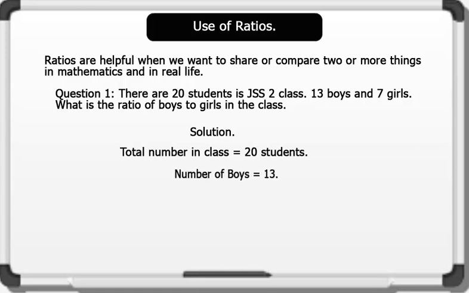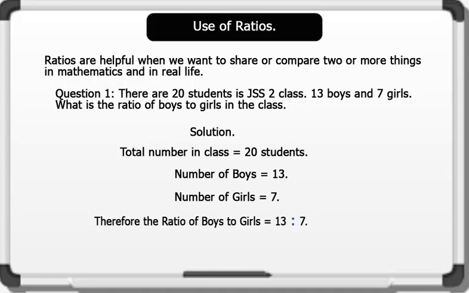Number of boys is 13. Number of girls is 7. Remember that ratio is used for comparison. Therefore, the ratio of boys to girls in JSS 2 class is 13:7. That is, 13 boys is to 7 girls.